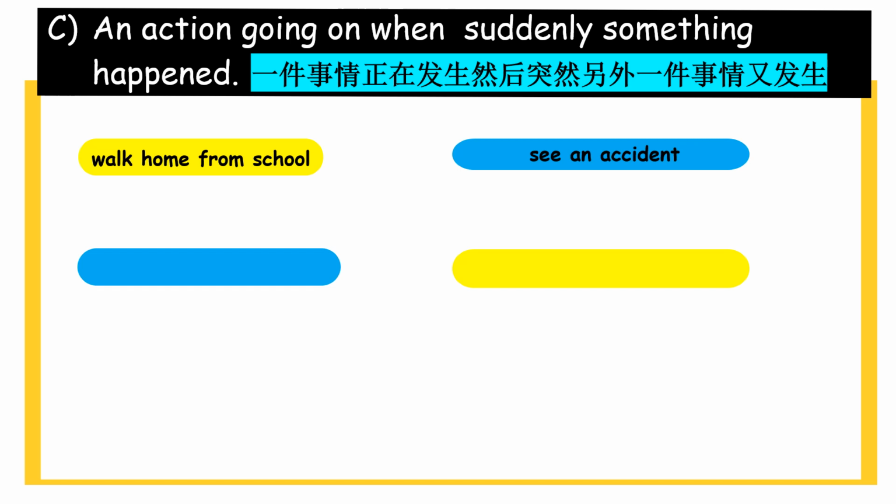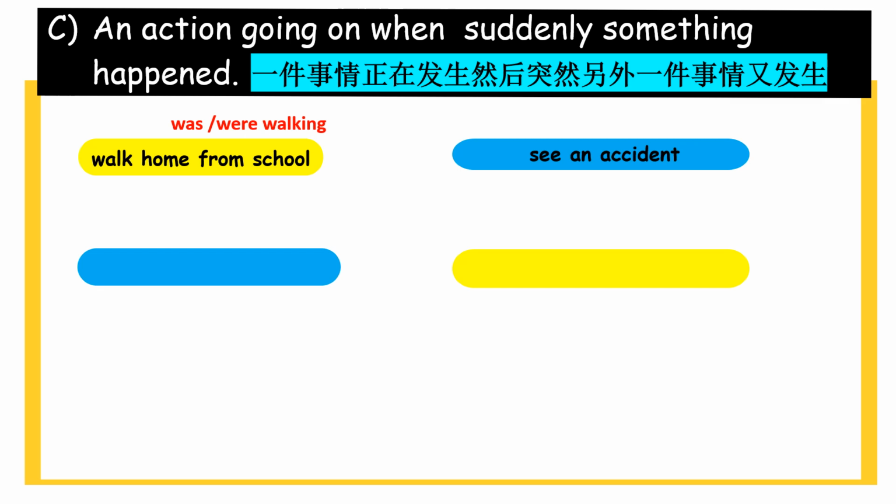See, you think 哪一个是正在发生，然后哪一个呢是突然间又发生的呢？Check and see. 正在从学校走路回家，然后突然看到车祸，对吗？Right? Okay, so when you talk about the action going on, that is the one that you use was were ing. So 那个 action going on 一定要用 was were ing.